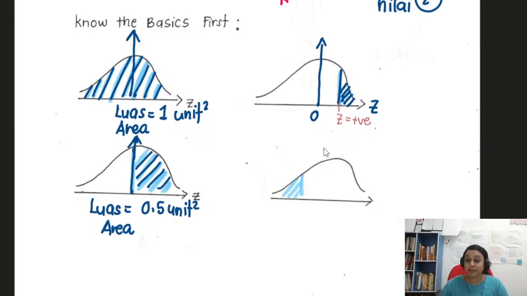Tapi kalau di sebelah kiri, if it was shaded on the left hand side, ni shading dia sebelah kiri kan. So here the Z will be negative Z. Make sure this one you fahamkan cara nak tengok your graph and how the lorekkan, how it works.